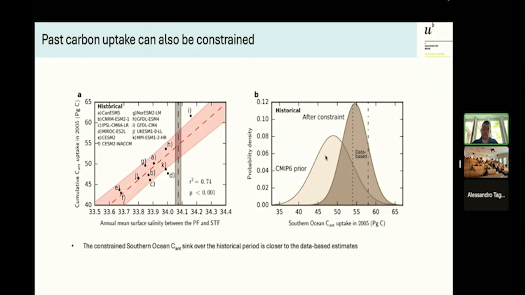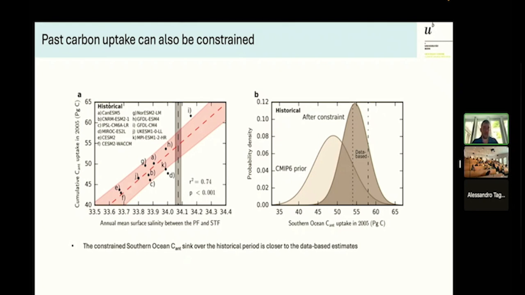What we see is that the constraint moves the unconstrained results closer to the observation-based results, getting them into better agreement, which again increases the confidence that this constraint really works, that this mechanism is valid, and that the Southern Ocean has taken up more carbon than we think based on these model simulations, and will continue to be a stronger carbon sink than we thought before, which is good news.